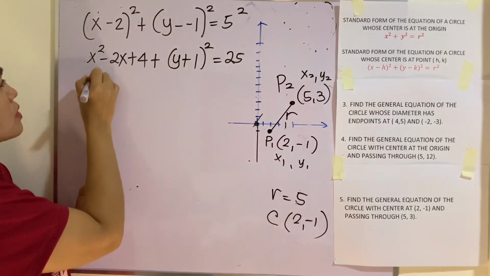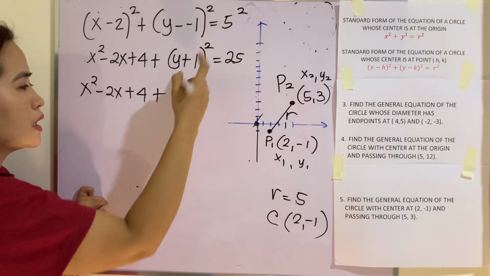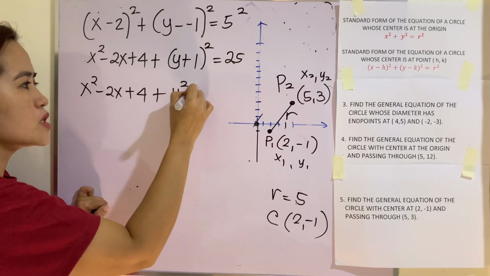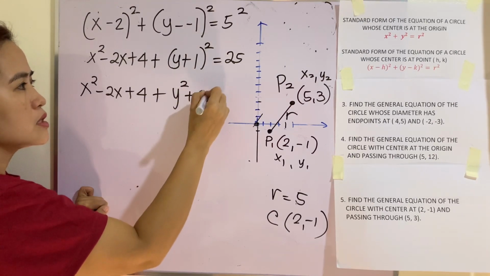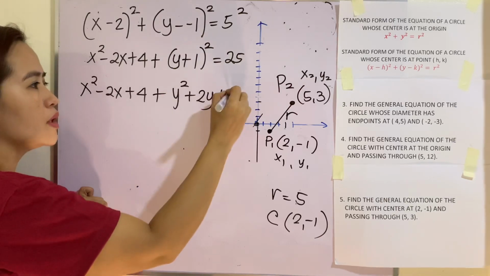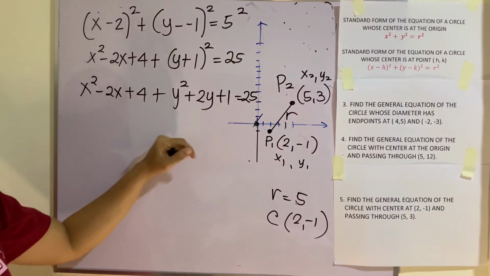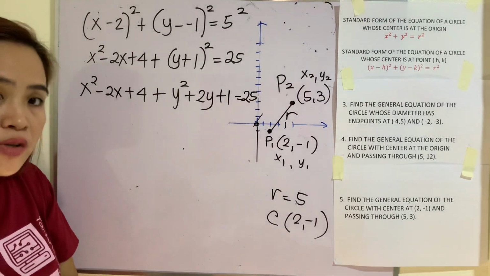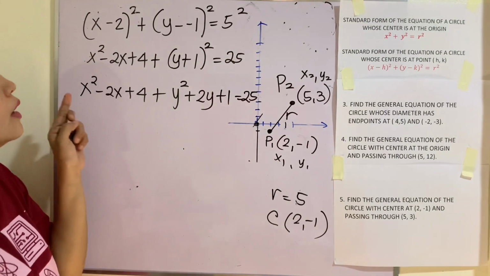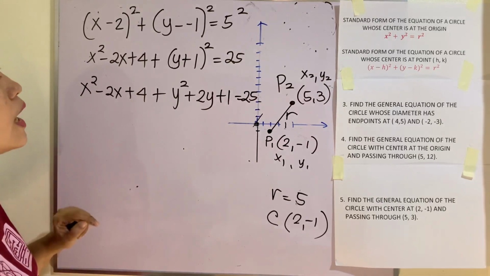So this is x squared minus 2x plus 4 plus, again, square of binomial, y squared, 2 times y times 1 is 2y, square it, 1 is equal to 25. Arranging this in order, x squared first, and then y squared, and then the term with x, and then the term with y, and then of course the constant.